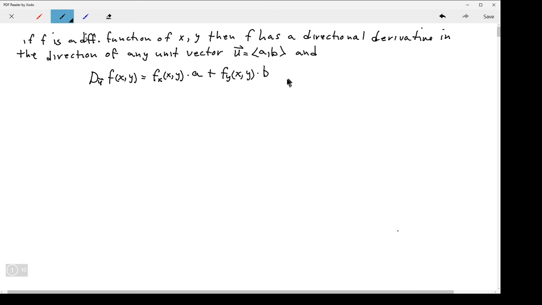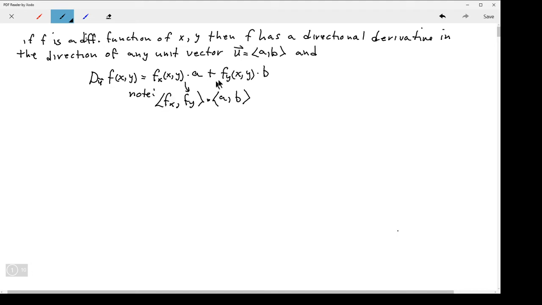Maybe it's just vaguely familiar, but notice this right here is just ⟨fx, fy⟩ dotted with ⟨a, b⟩.